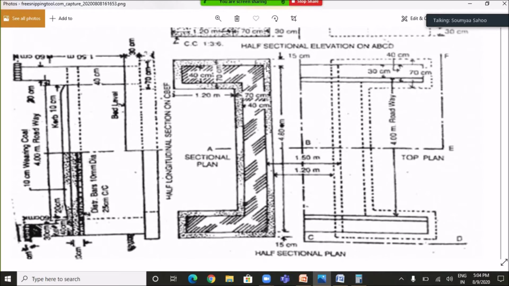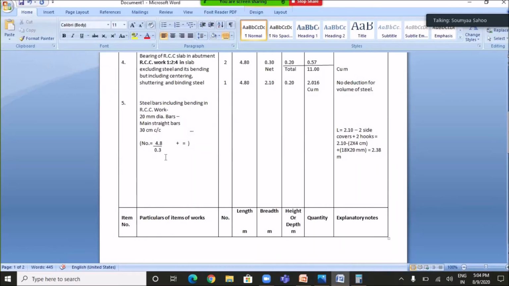From the plan it is very clear, because the slab is provided from here to here. So 4.8 divided by 0.3, which is the center to center distance, plus 1, gives us 17 number of main straight bars with 30 centimeter center to center distance.